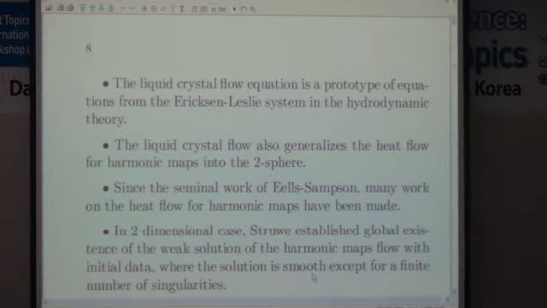Then he flows again, then blows up, and finally he proved global existence except for a finite number of singularities. That is the result. I think my whole idea is from this paper. He is from geometry, but I do a more general case. So this is the motivation from his paper.